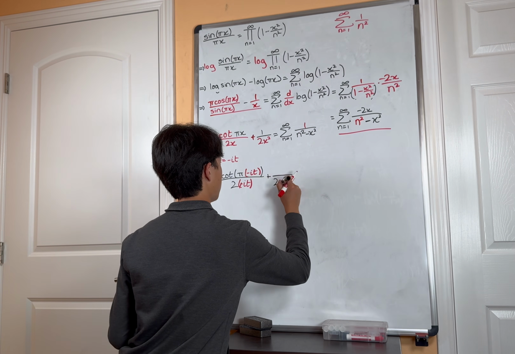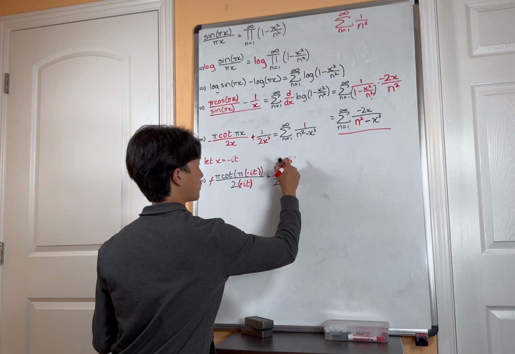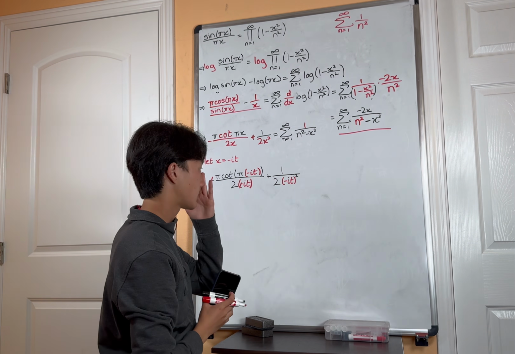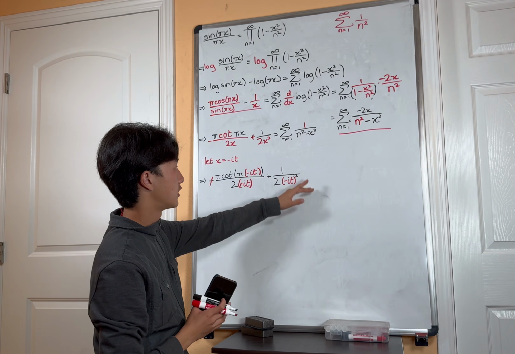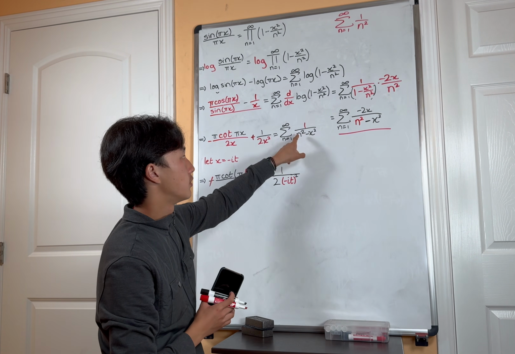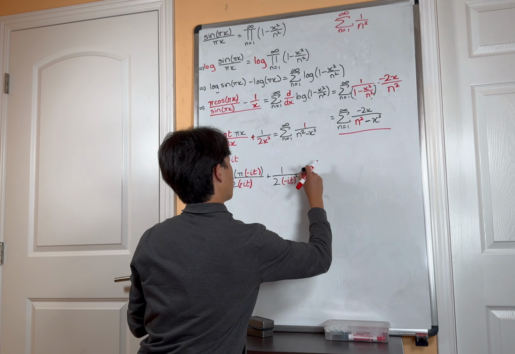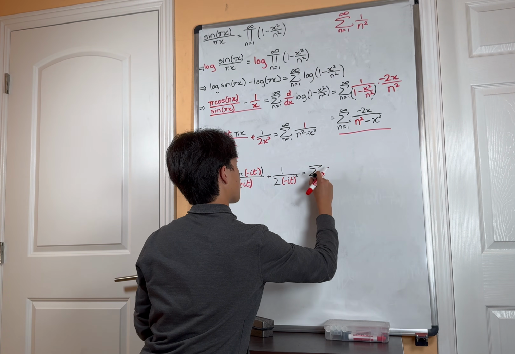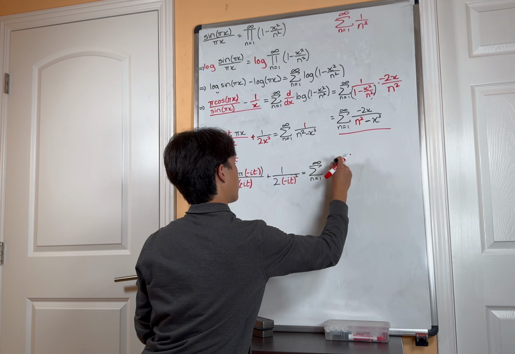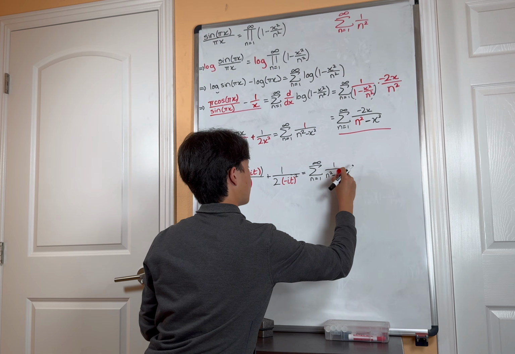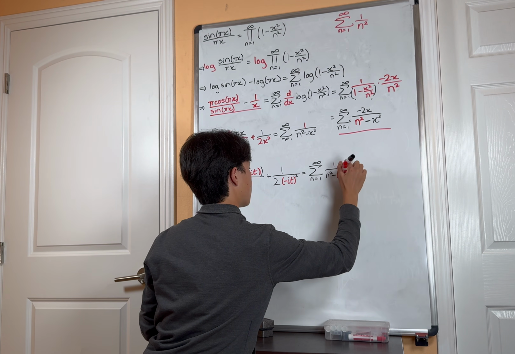Plus 1 over 2x squared, but x is just negative it. Let's deal with this later. In here, we want to turn it into a plus. So now we've got the summation from n equal to 1 to infinity of 1 over n squared minus negative it squared.